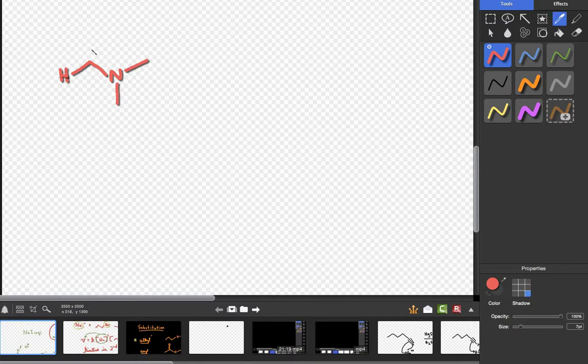N,N-dimethylformamide. All the hydrogens are bonded to carbons. Good SN2 solvent. There is DMSO. We saw DMSO earlier. It's one of the side products in ozonolysis.